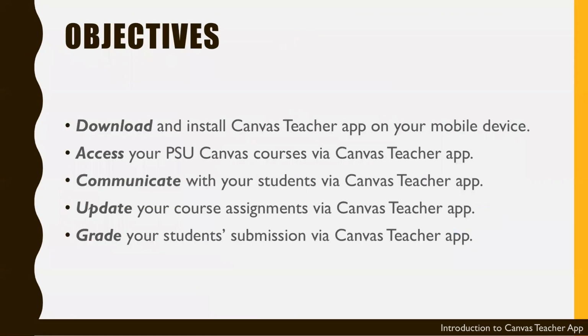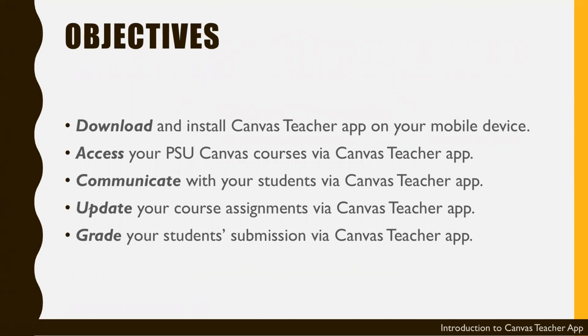So now the objectives for the presentation today, what we are going to cover, there are 5 main objectives. One is for you to be able to download and install the Canvas Teacher app. By the end of the session, you should know how to download and install the Canvas Teacher app on your mobile device.